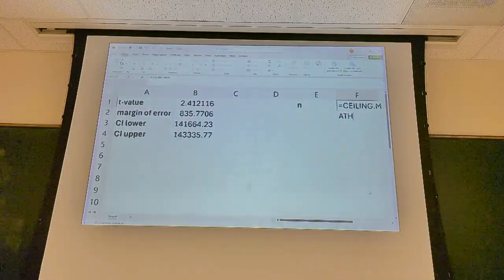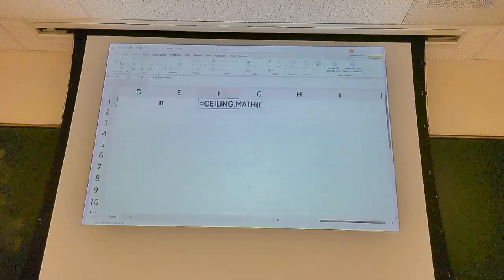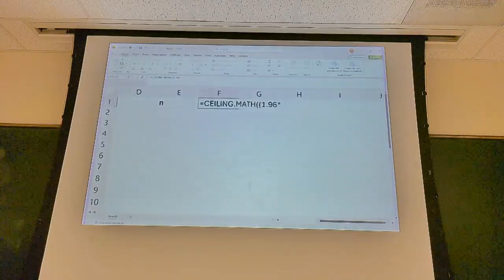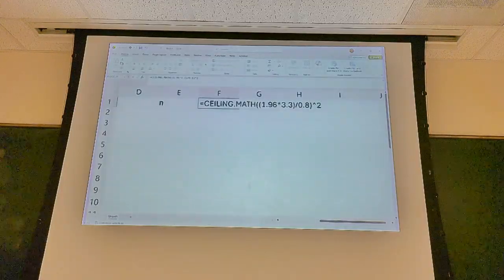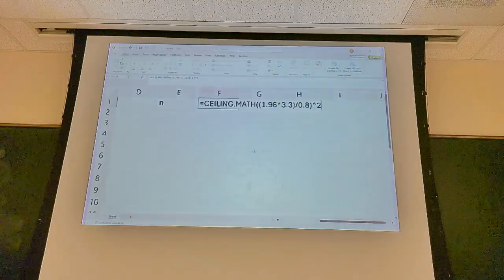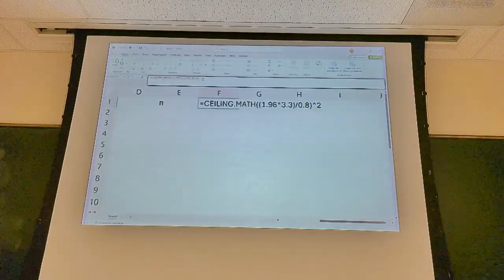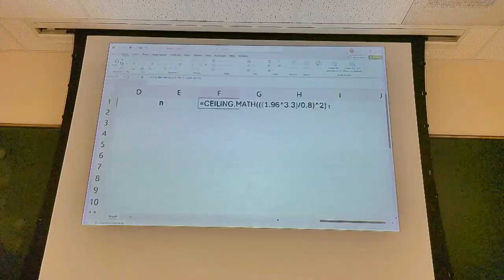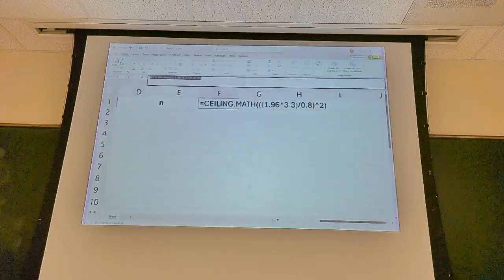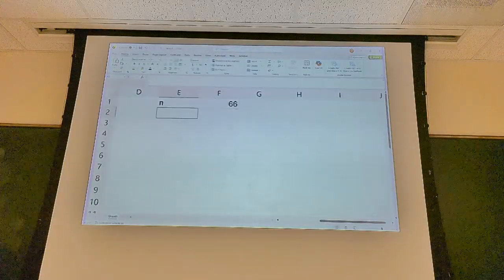CEILING.MATH is the ceiling function, and then we just put in what we want to take the ceiling of. Now that looks right. 66.